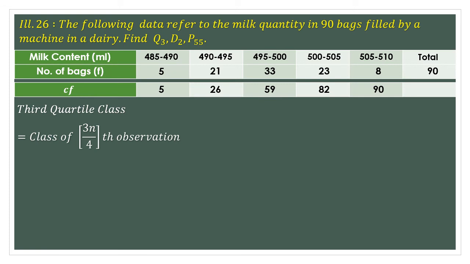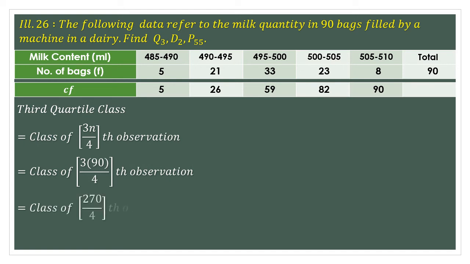Because this is a continuous distribution, we are not taking n plus 1, we are just taking n. Because it's a third quartile, multiplied by 3, and because it's a quartile, divided by 4. So 3 into 90 upon 4 will be 270 upon 4, and the answer here will be 67.5th observation.